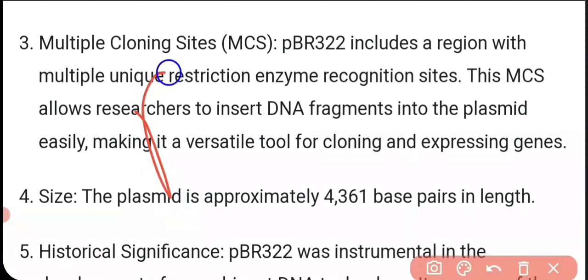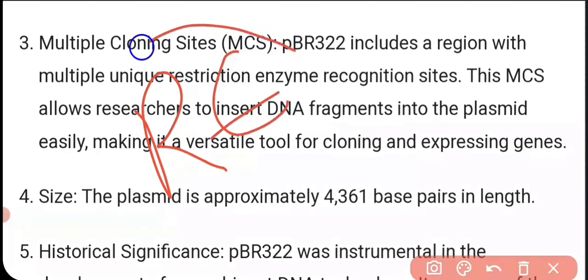Restriction endonucleases, restriction enzymes. The enzyme will cut the vector, and then with the help of DNA ligase, we insert that gene of interest into the vector.